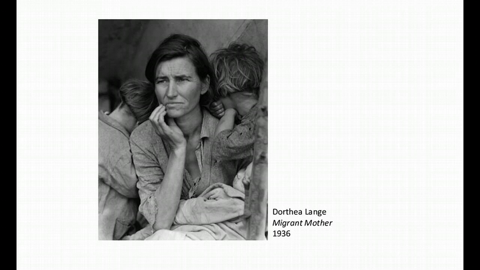Dorothea Lange, Migrant Mother. She was driving down the street one day, Dorothea Lange was, and she saw this family. She turned her car around, went back, and made a series of images, this one being the most famous, where this mother actually has all of her children surrounding her, and they are all wondering where their next meal is coming from, wondering how long they could stay in the shelter that they've built.